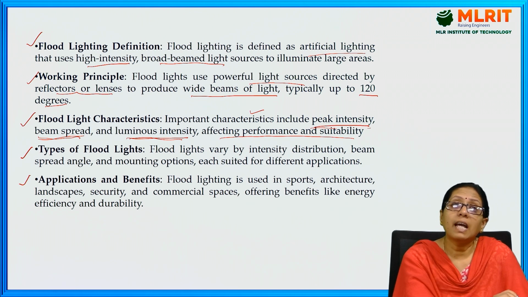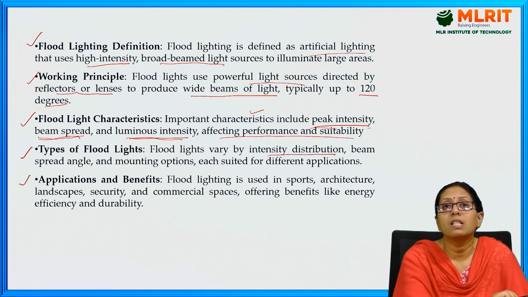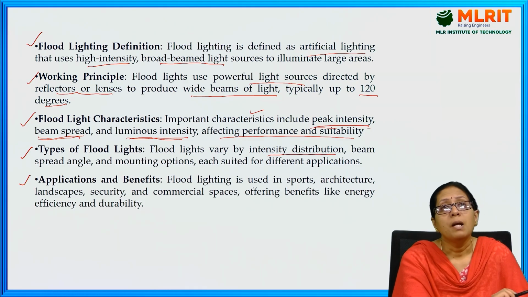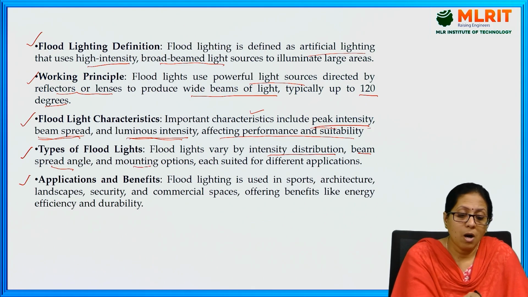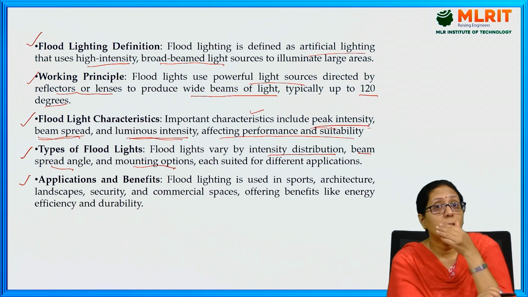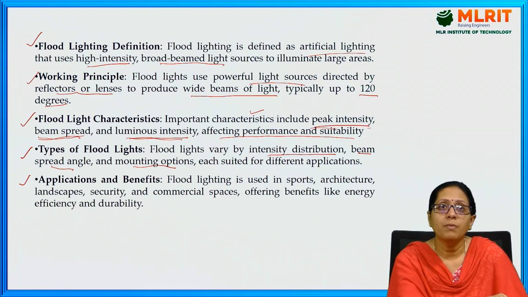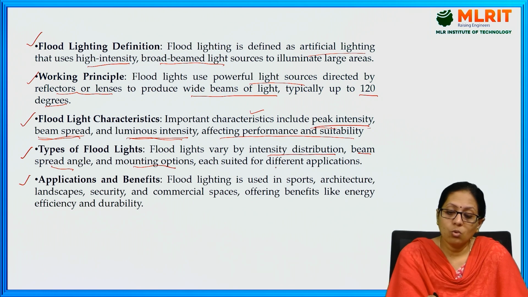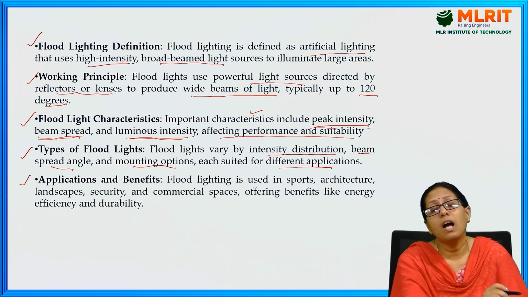Next one is types of floodlights. Floodlights vary by intensity distribution, that is, based on the distribution of the intensity they can be divided, and beam spread angle, based on the beam spread angle also they can be divided, and the mounting options, based on the different mounting options also different types of floodlights can be classified, and each is suited for different applications.